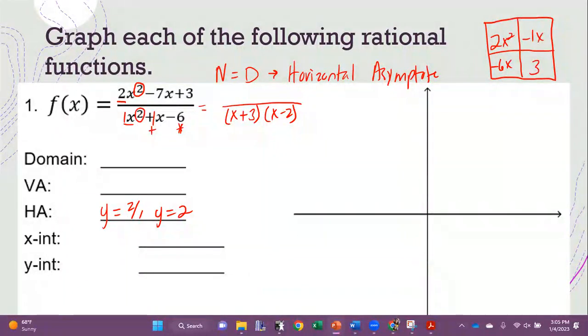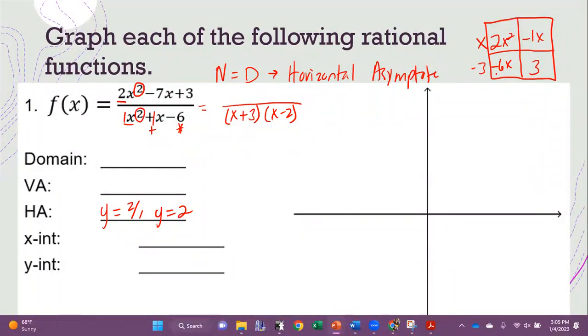Once the box is filled, what are you doing around the box? Greatest common factor. What is the greatest common factor of 2x squared and -1x? Positive x. What is the greatest common factor between -6x and 3? -3.